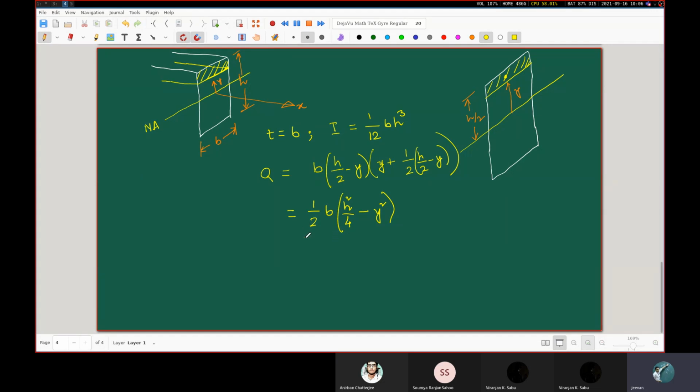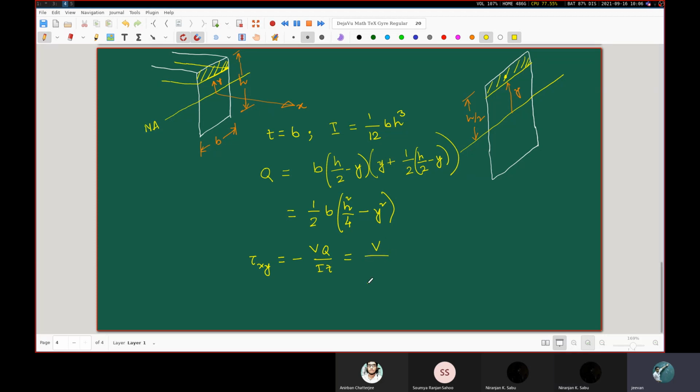If we substitute that in the expression for tau xy, we obtain minus VQ by It. The V remains as it is, because that is something which will be either given or obtainable from the free body diagram. You know how to obtain the V at any particular cross section. Q we directly substitute from here.